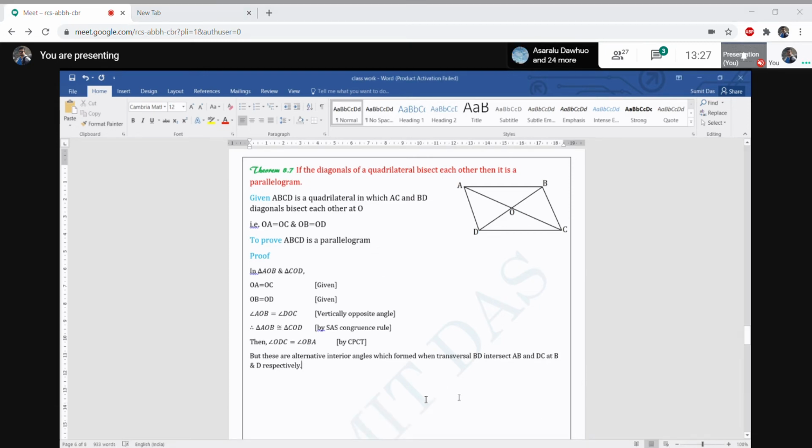Therefore AB is parallel to DC. AB parallel to DC. Okay.